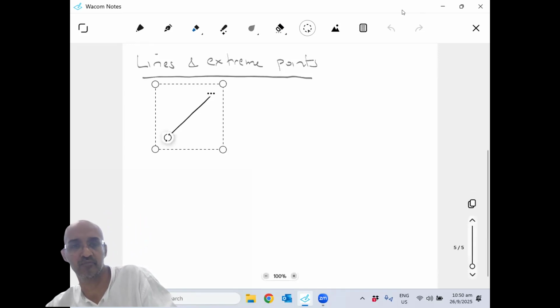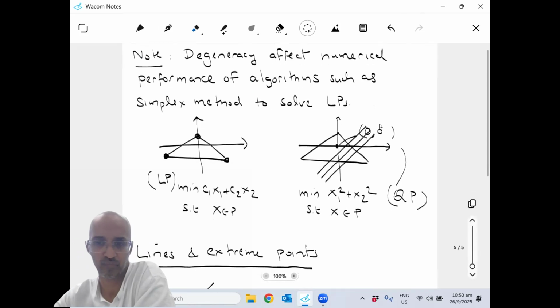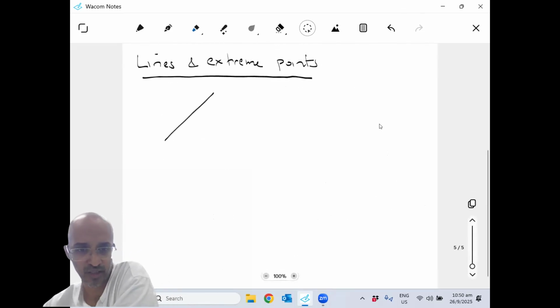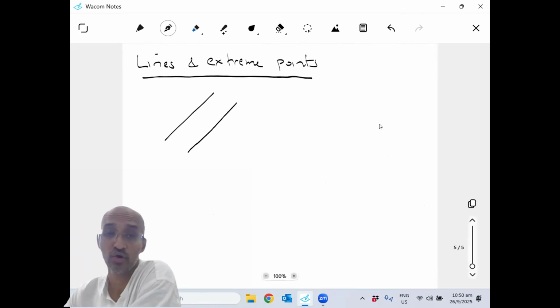So let's take this line. Okay, so these are parallel lines. Let's say my feasible region is the intersection of these two parts. So this feasible region is all this space.